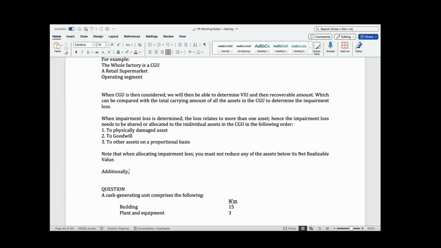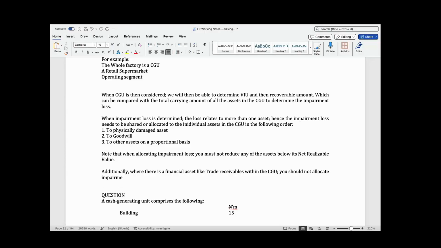Additionally, where there is a financial asset like trade receivables within the CGU, you should not allocate impairment loss to the financial assets unless it is the reason for the impairment loss.